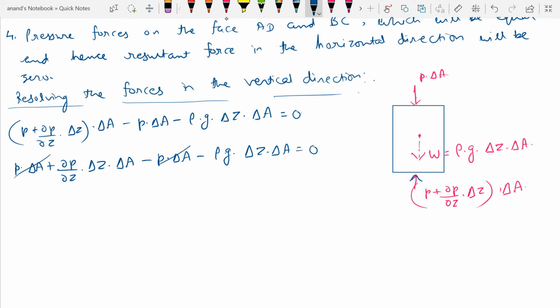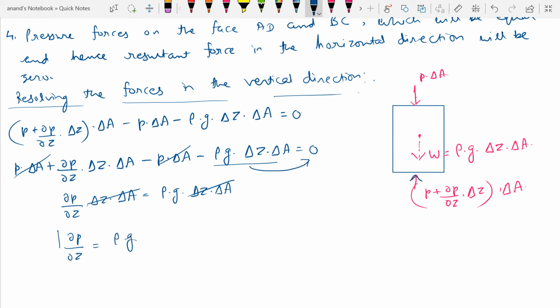These P del A terms cancel out because of the opposite sign, and by shifting the negative part to the right side, we get del P by del Z into del Z into del A equals rho g del Z into del A, and this has been cancelled out. Del P by del Z equals rho g.